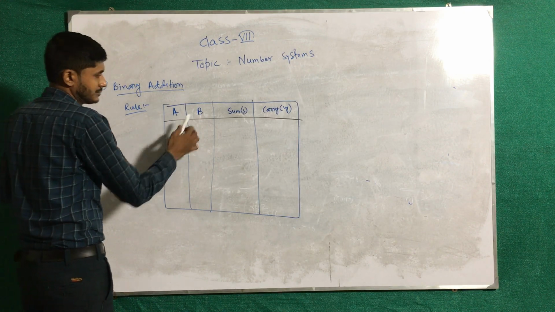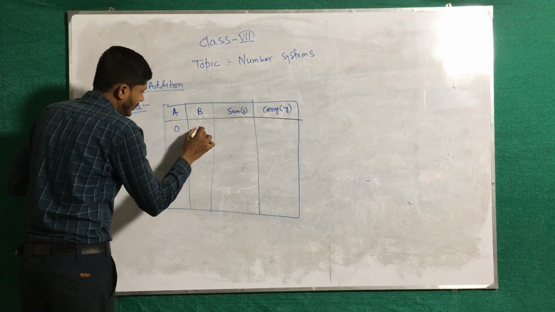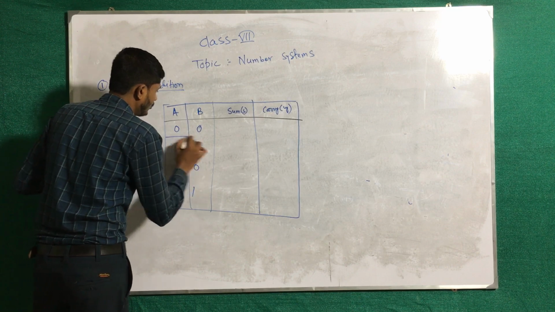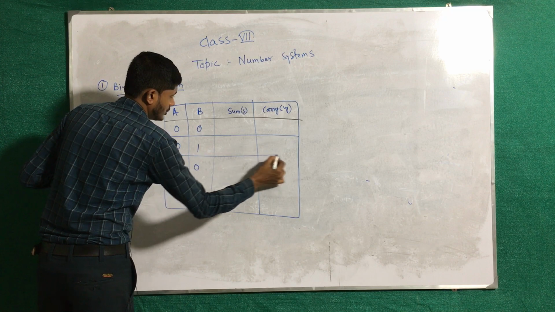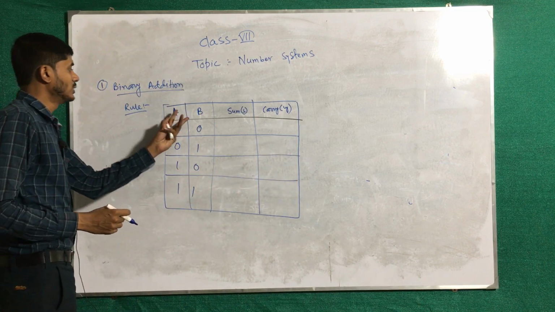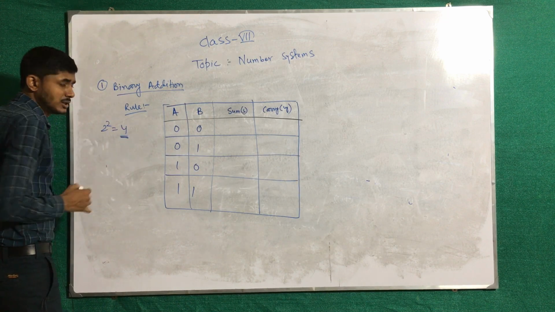So with two digits, suppose four combinations are there: 0 0, 0 1, 1 0 and 1 1. Four combinations are there because there are a total of 2 digits, that means 2 to the power 2, which is 4 combinations.